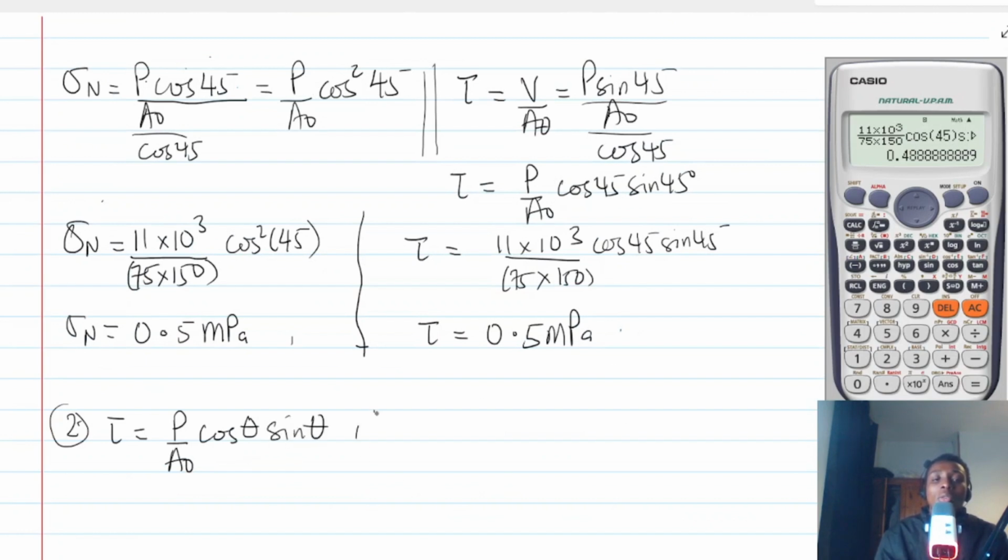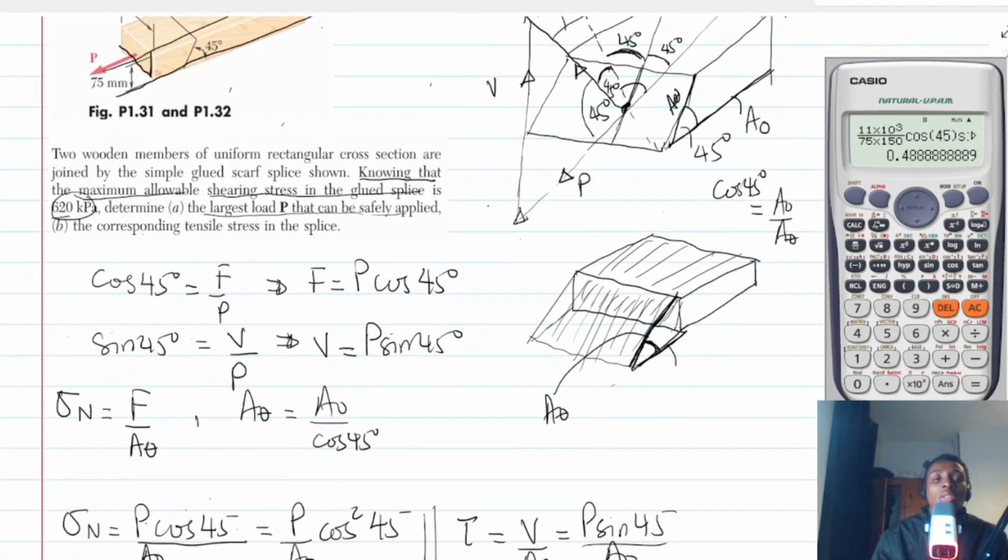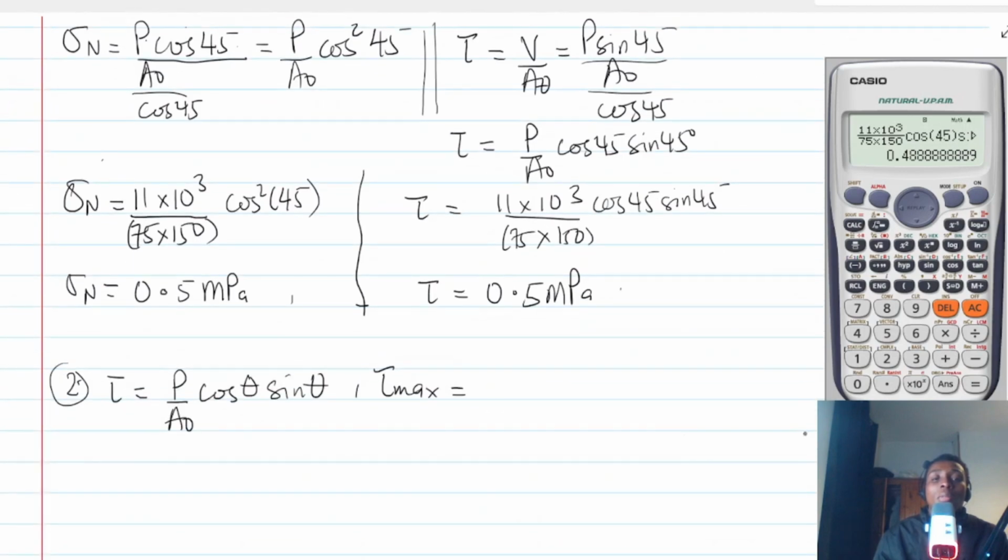Knowing that the maximum allowable shearing stress is 620 kilopascal, which is the same as 0.62 megapascal, we should find the load P.